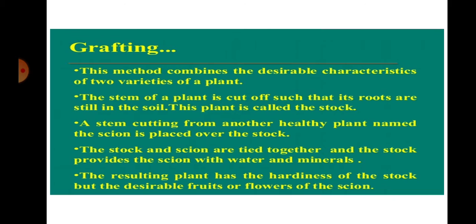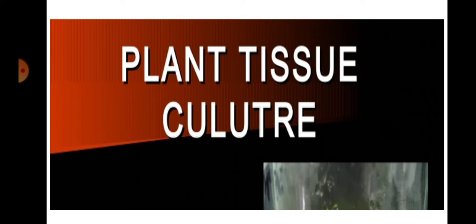The resulting plant has the hardiness of the stock but the desirable fruits or flowers of the scion. Then we pass on to another method of artificial vegetative propagation, that is plant tissue culture.